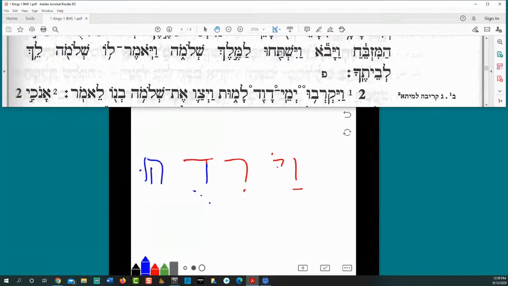I think it's tachavu. Vayishtachavu is what it would be. I can't believe I'm now trying to create a hishtafel form. But anyway, this is vayishtachu, and he worshipped, right?